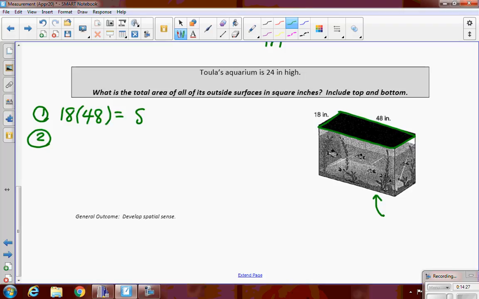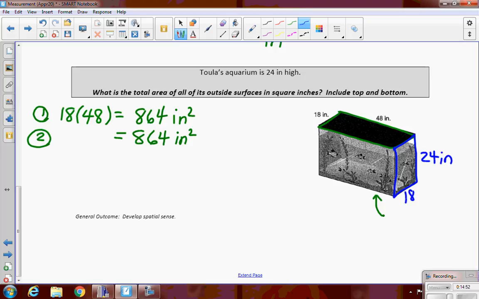So this would be 864 square inches. But the bottom is exactly the same size. So that's going to be 864 square inches as well. Now, if I was to look at another part of here, we have this rectangle on the end. Now, the question does say that this is 24 inches high, and it's still 18 inches wide.